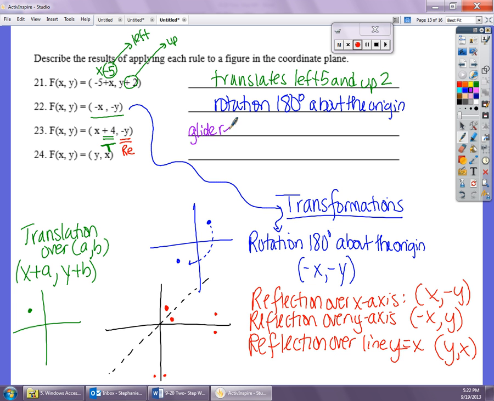So a reflection and a translation together is a glide reflection. So when you're explaining the glide reflection, you have to explain the two things that happen. So not only did it translate, this tells you it's going to the right 4, but then this negative y tells you that we wind up reflecting over the x-axis.